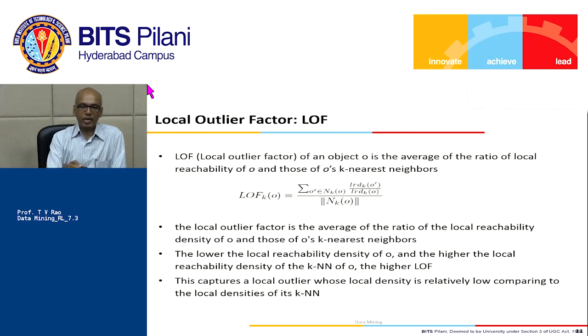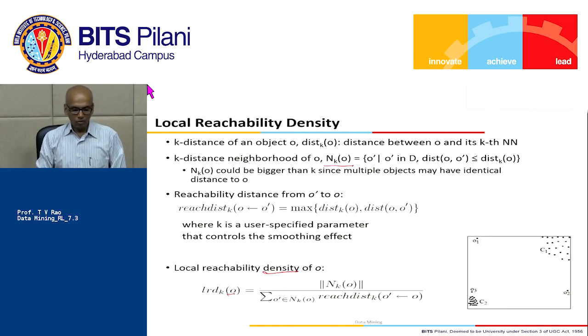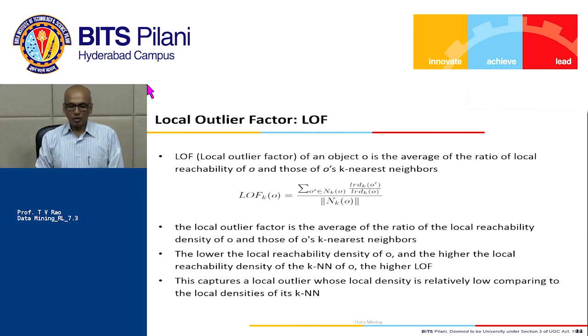So the way we define the local outlier factor is that we are dividing the reachability density of the reference point, and essentially we are looking at all the neighborhood points, divided by the reachability density of the reference point.